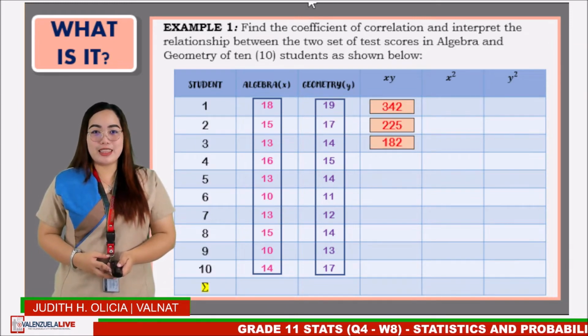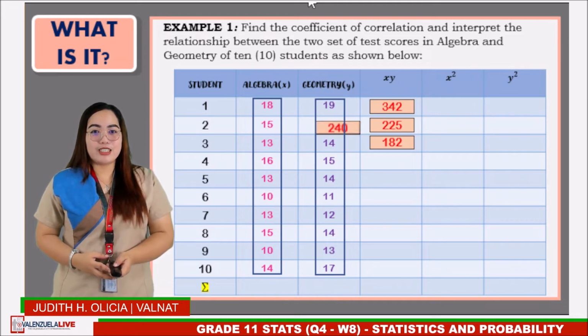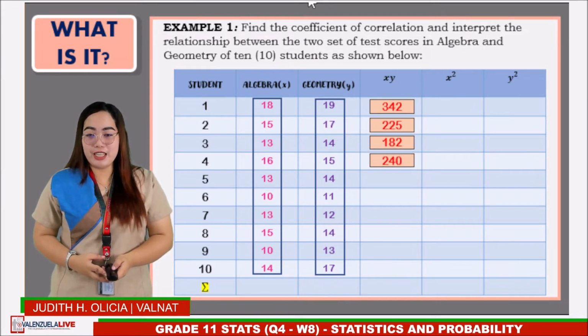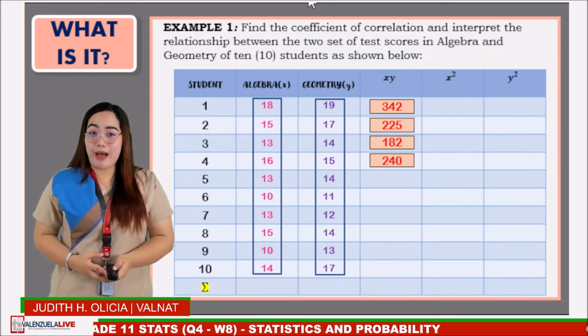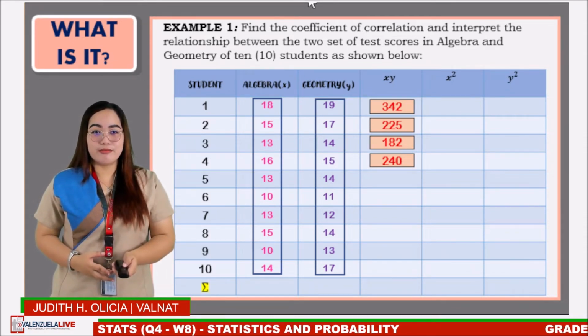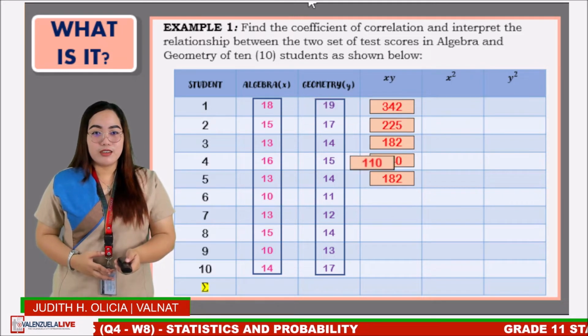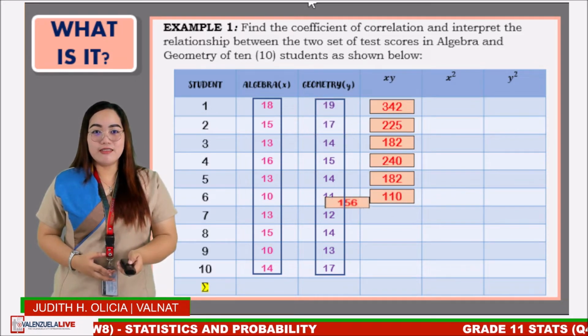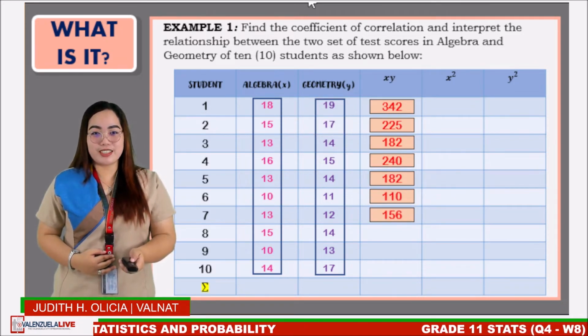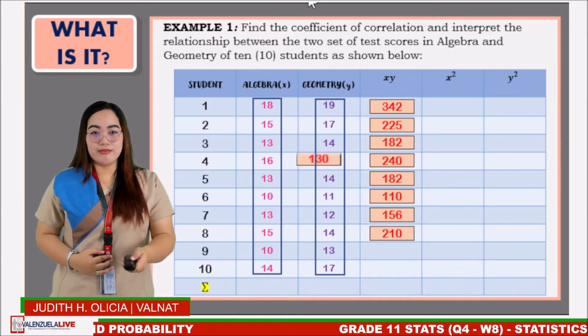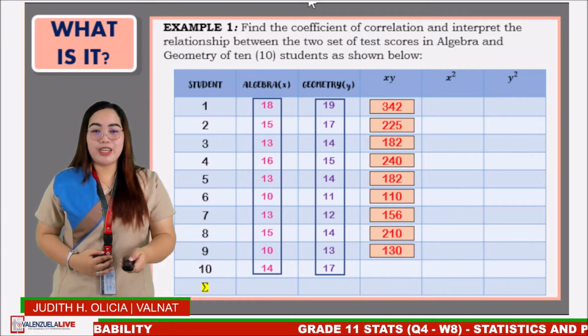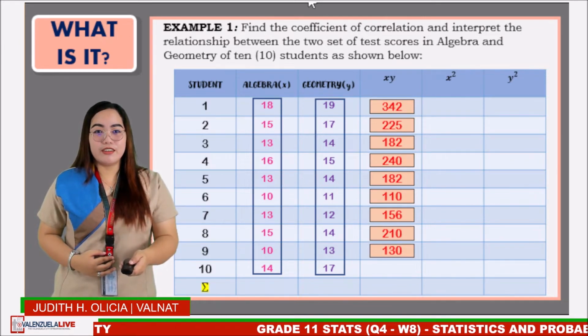For student number 4, 16 multiplied by 15, the product is 240, followed by 110, 156, 210, 130, and 238.